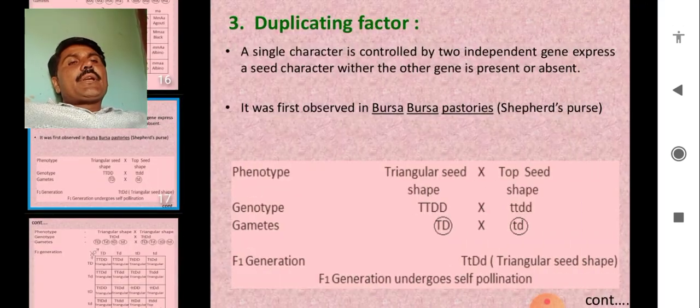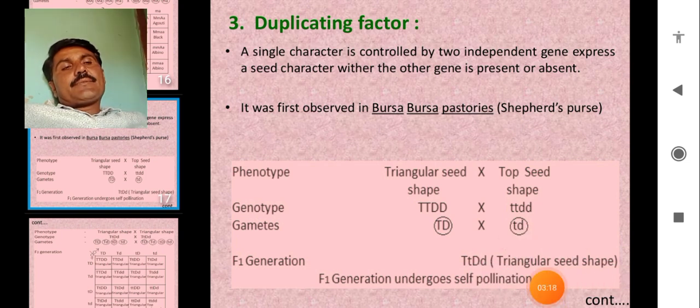What is the duplicating factor? A single character that is controlled by two independent genes which express the same character. With regard to the shape of the seed, the other gene is present or absent.